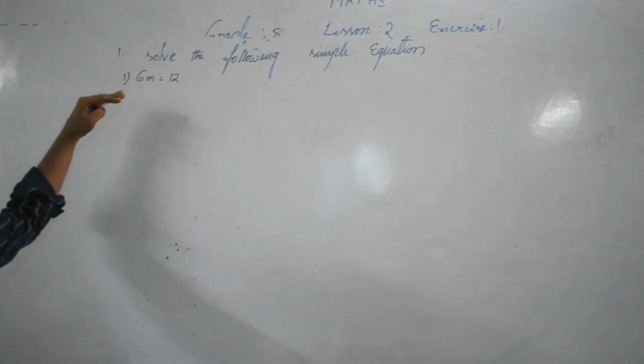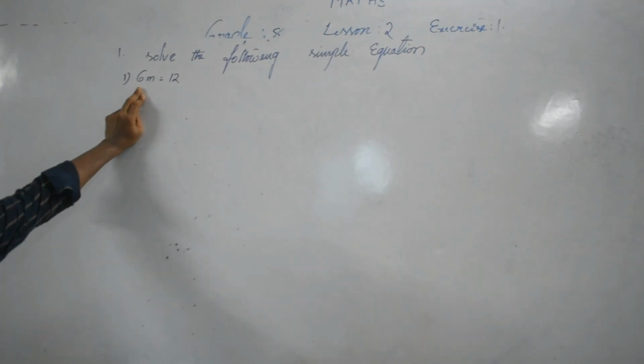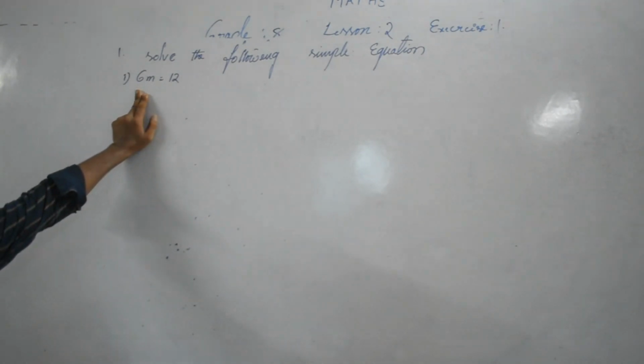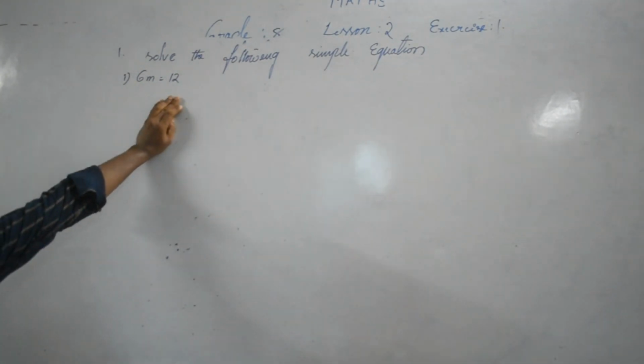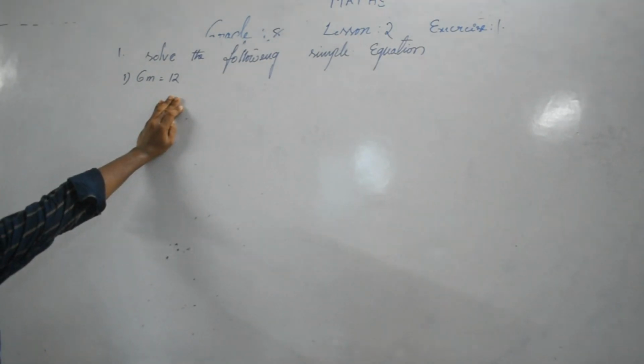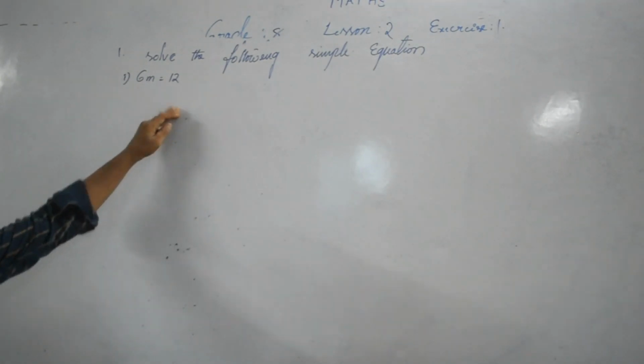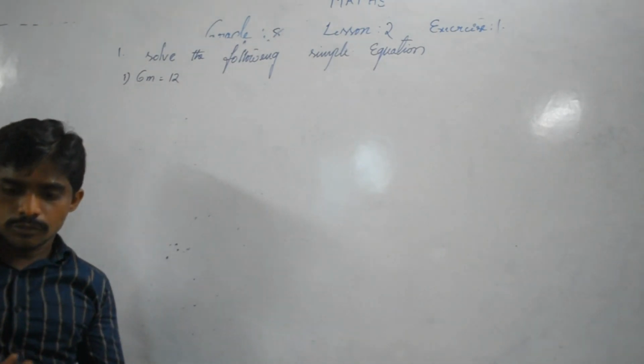What is the variable value? 6 multiplied by which number gives 12? We know easily, 6 twos are 12, so here we need 2.